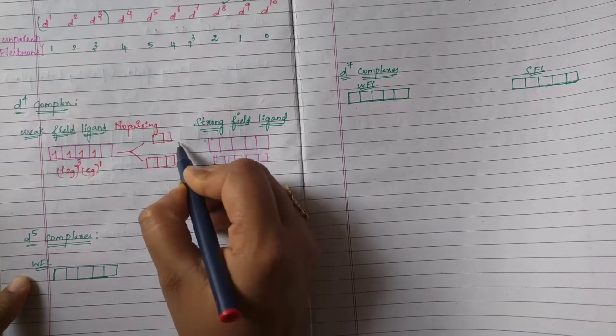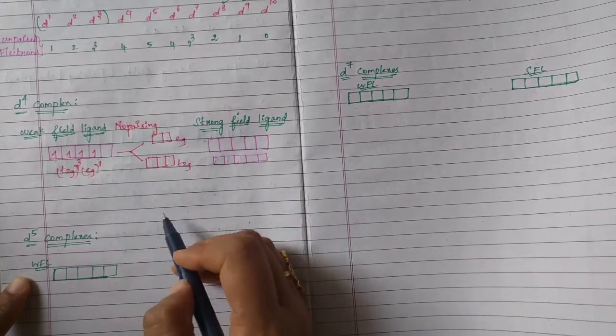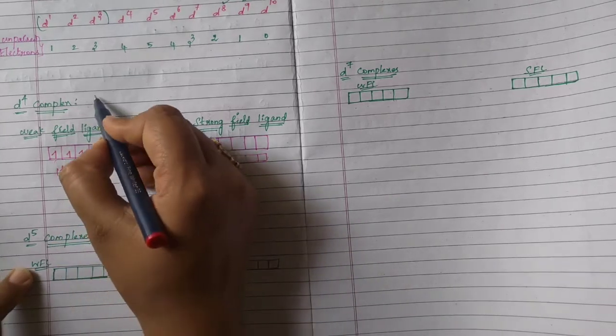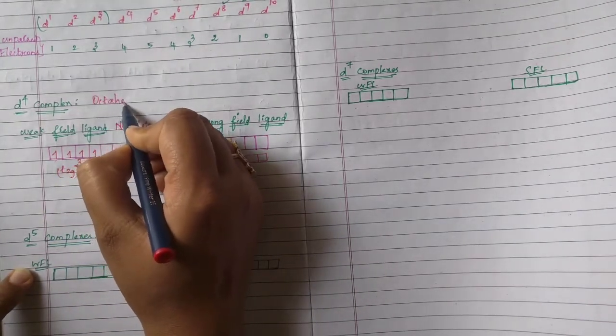This is t2g, and this is eg. This is for octahedral complexes.